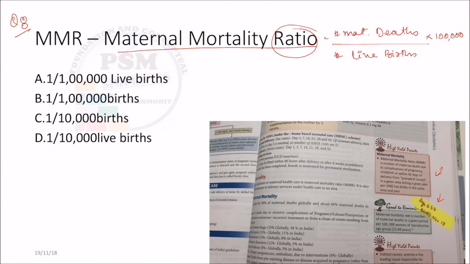In some countries they take it as per 1,000, in many countries per 100,000. So in India we are going to take it as per 100,000 live births. So please remember maternal mortality ratio is per live births. This question had been done so many times in the class as well, so I think it must have been an easy cakewalk for all of us.